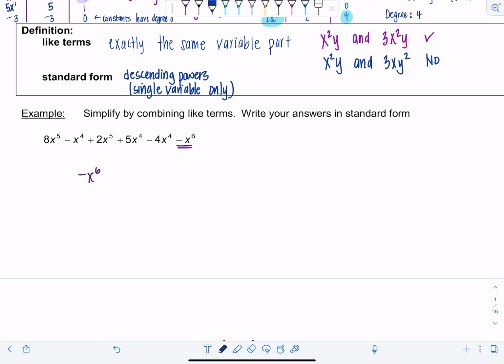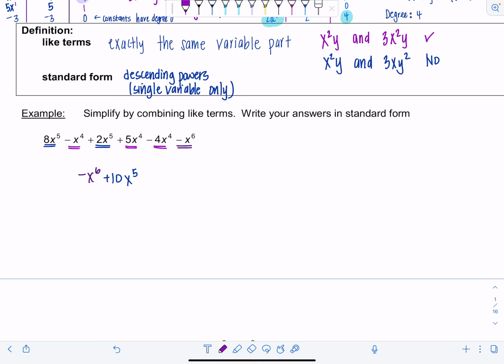Okay, what about x to the 5th? We've got 8 here plus 2. So now we're up to 10x to the 5th. Are there any others? Nope. So that's positive 10x to the 5th. Okay, now let's look for x to the 4th. We've got -x to the 4th, positive 5x to the 4th, minus 4x to the 4th.